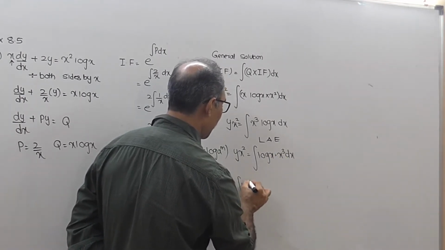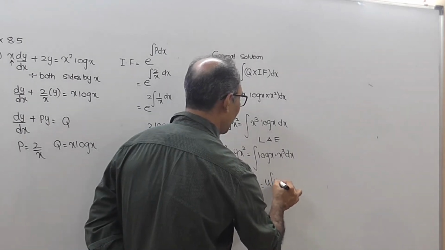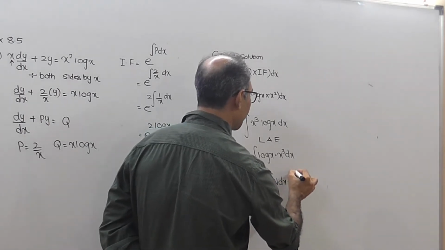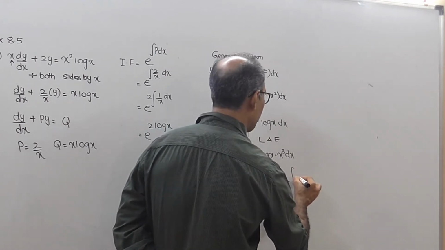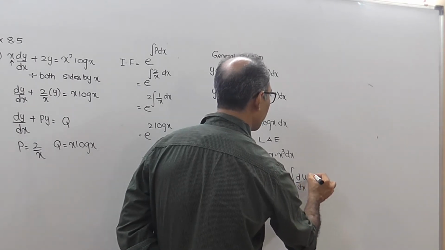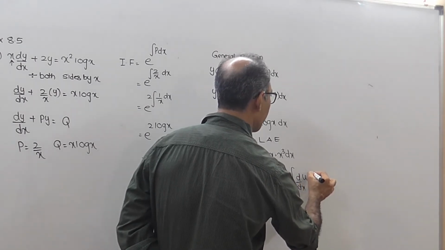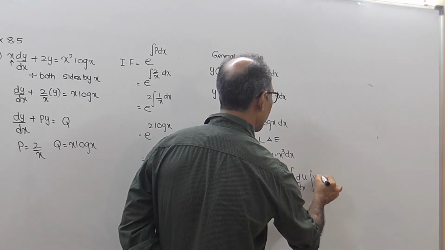Integration by parts is integration uv dx equal to u integration v dx minus integration of d by dx of u times integration v dx.